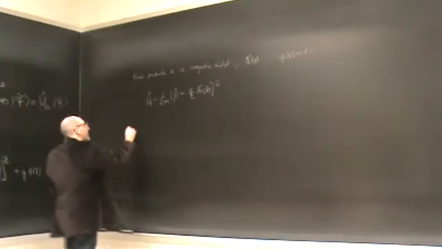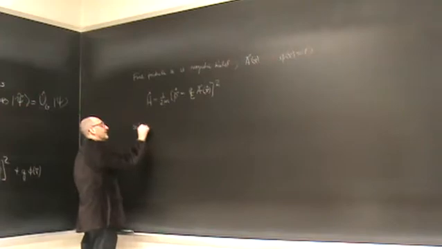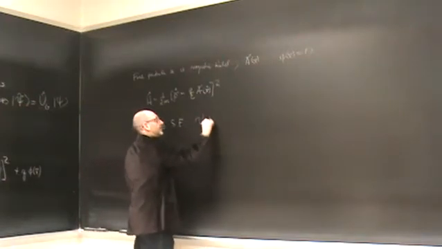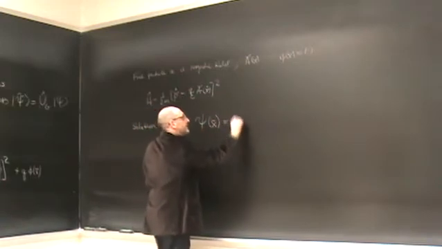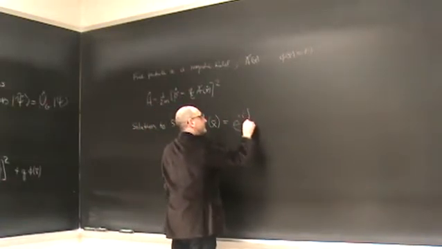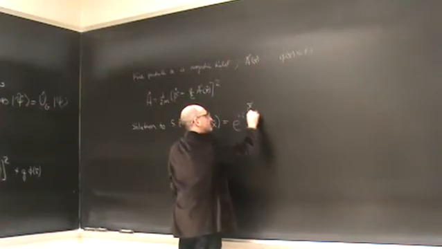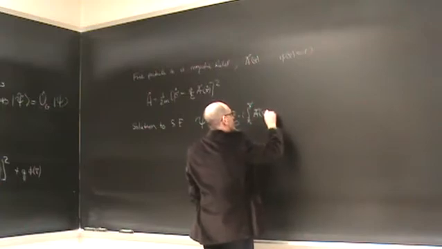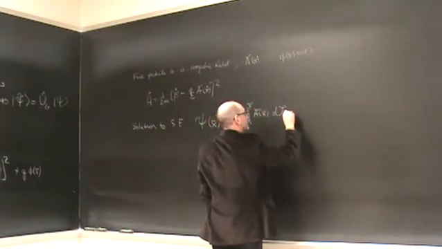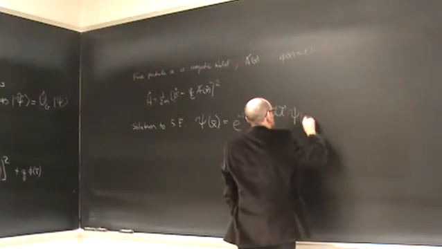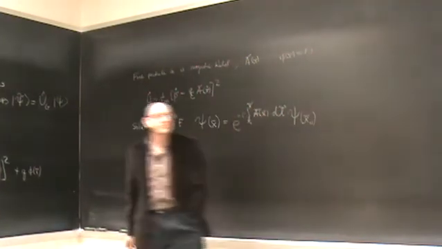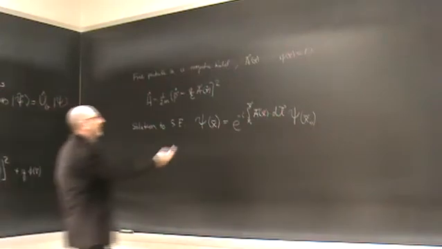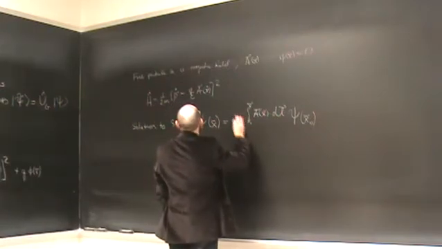Because a solution to the Schrödinger equation in the position representation is just this. Sorry, again, I have all my cues and so forth.